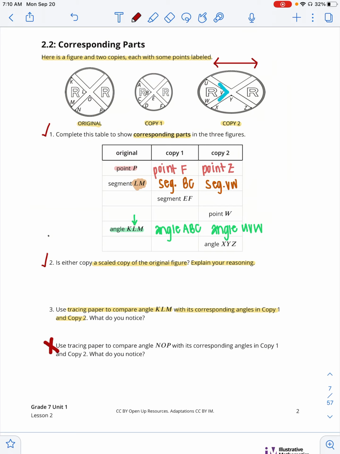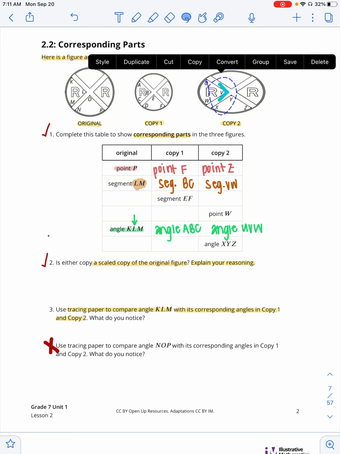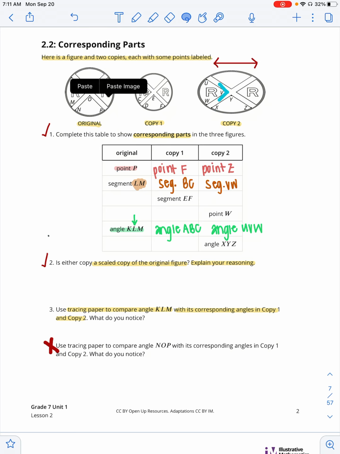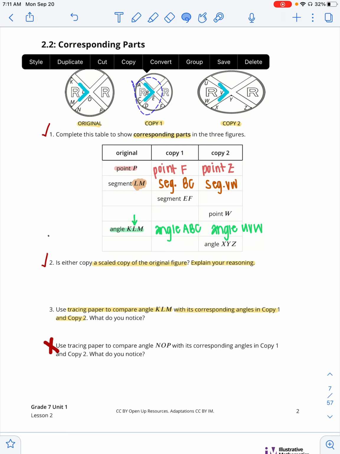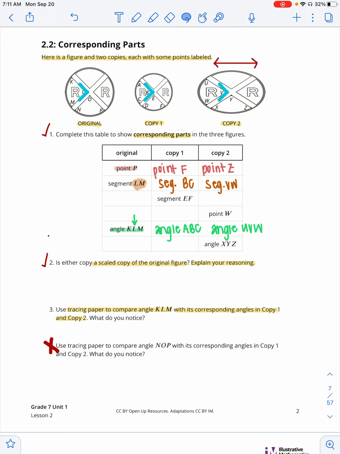When we compared angle KLM to angle UVW, you might have noticed that the shape of the angle didn't fit. I'll go ahead and copy that so I can paste it back in KLM. It did fit in angle ABC. So in question 2, you might have guessed that copy 1 was a scale copy and copy 2 was not.